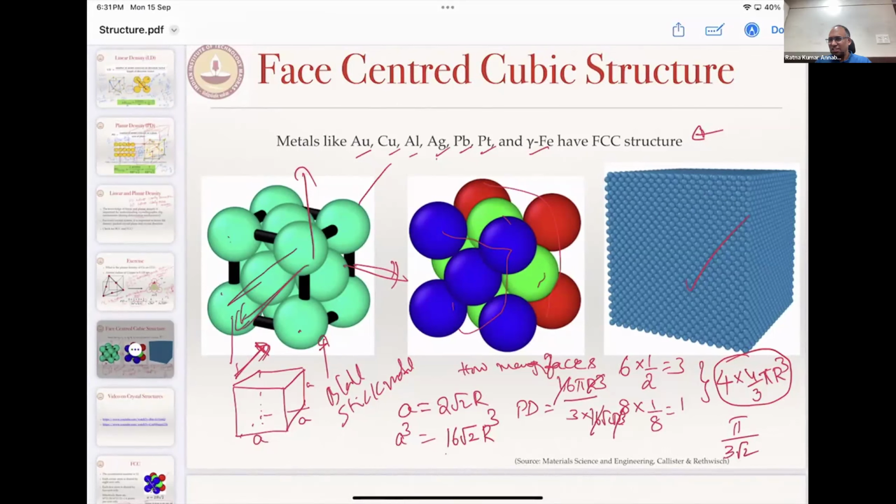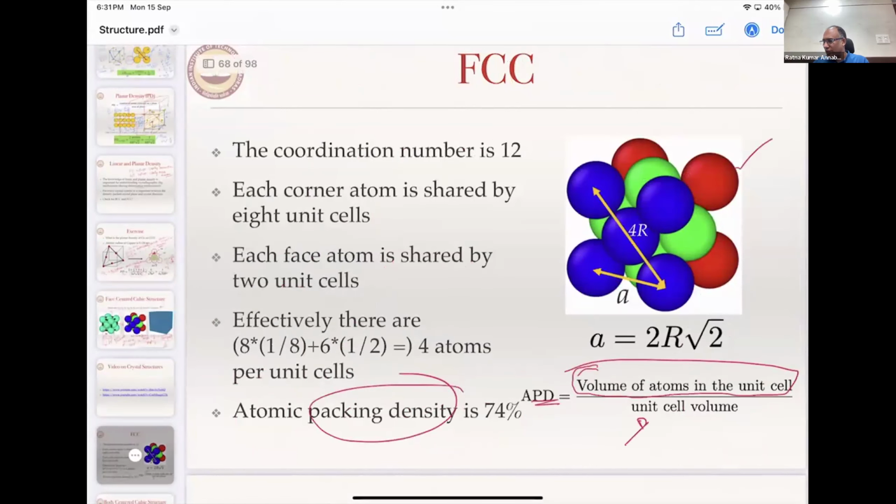If you have to write it in percentage, 74%. Highest. That is what it is. An FCC crystal, no matter what, can only occupy 74% of volume.